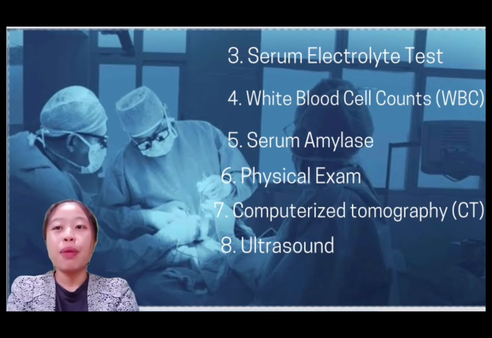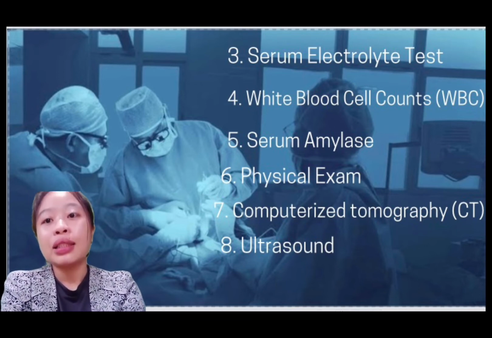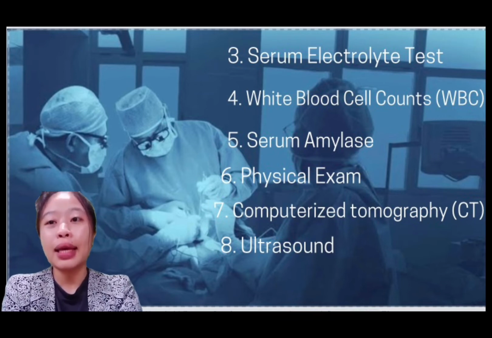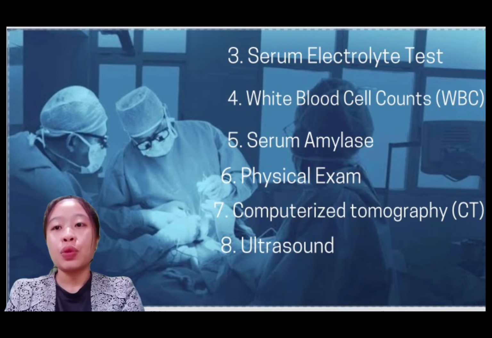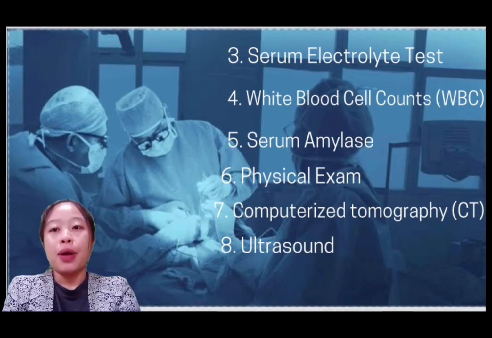Serum amylase. This test is divided into two tests, one from the blood and one from the urine. Steps in serum amylase: wrap a tight band around the patient's upper arm.